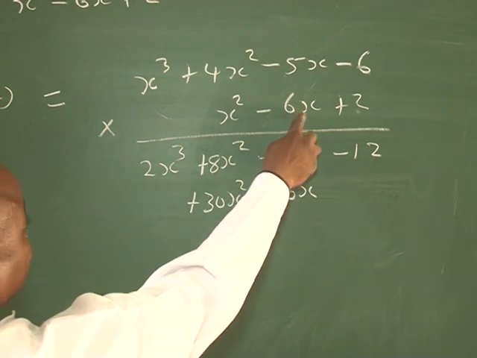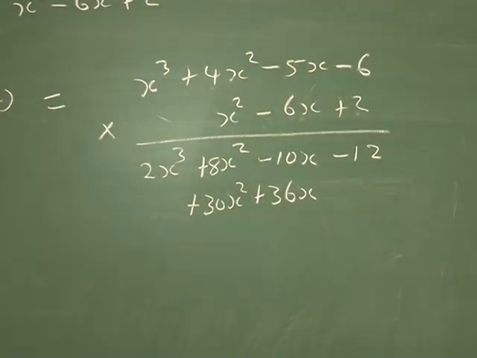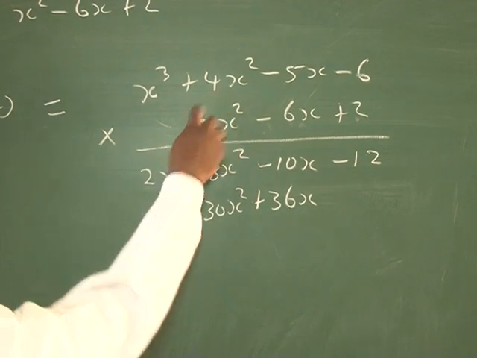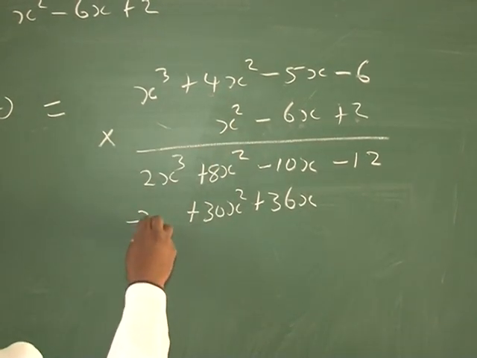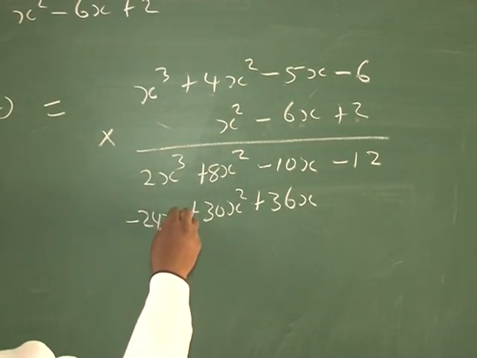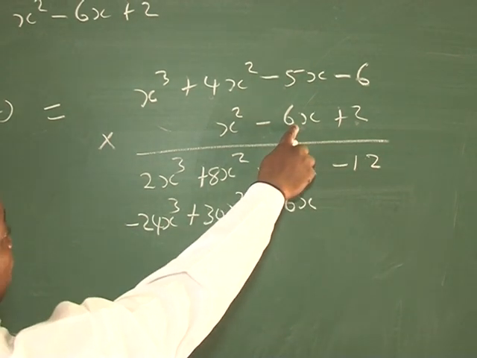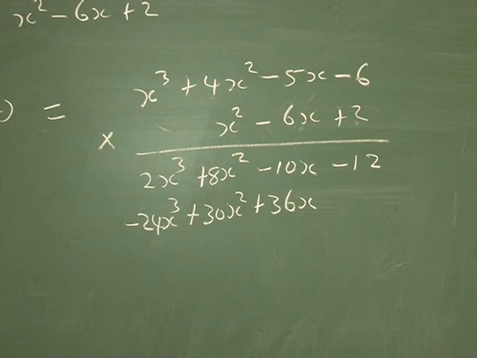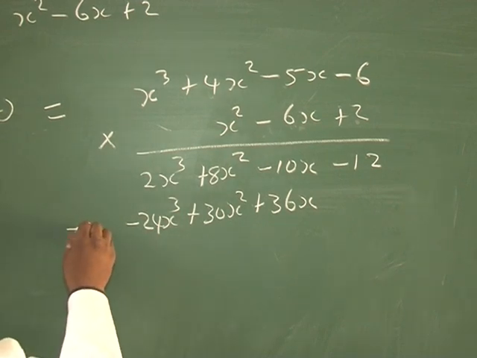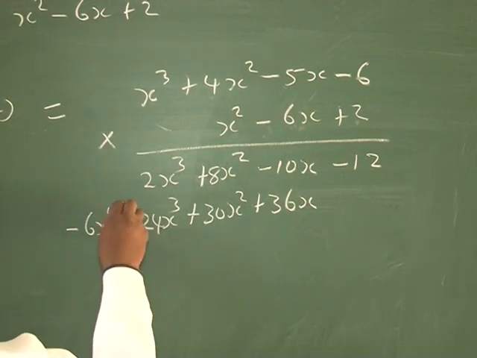Minus 6x times 4x squared will give us minus 24x cubed. So minus 6x times x cubed will give us minus 6x raised to the power 4.